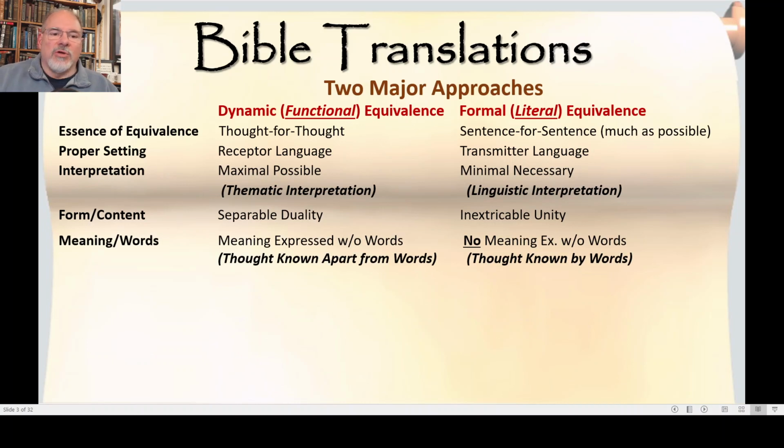Meaning and words, right? So on the dynamic side, the meaning is expressed without words. A thought is known apart from words. So their view is that you can have thoughts that are not really expressed in the words. I don't really get that, but on the formal side, there is no meaning expressed without words, because thoughts are known by the words that you use.